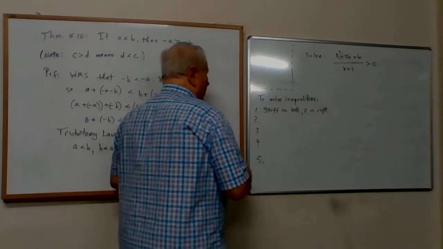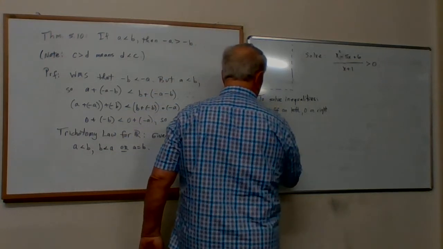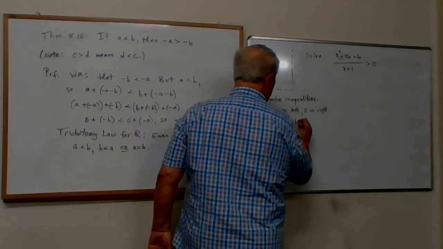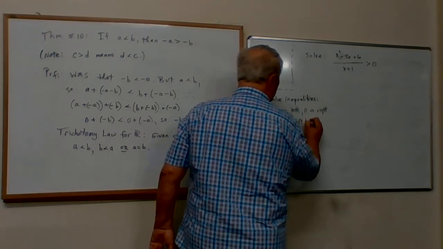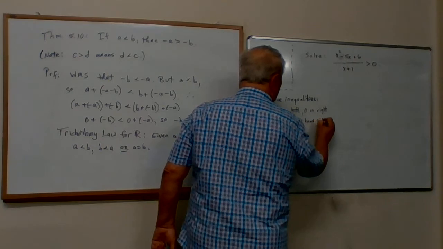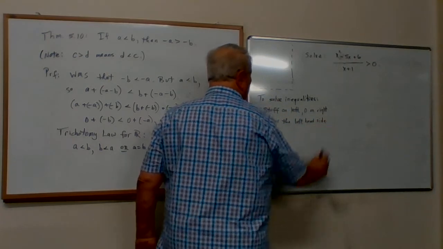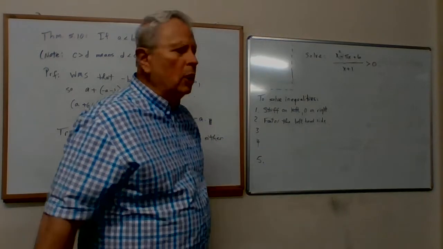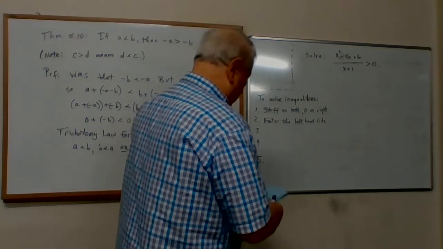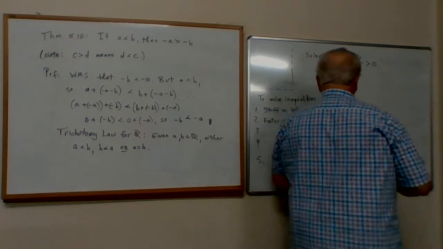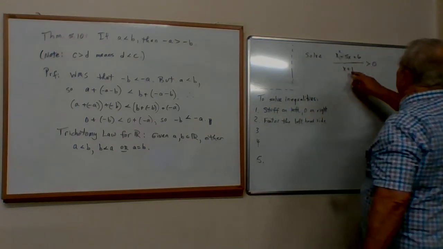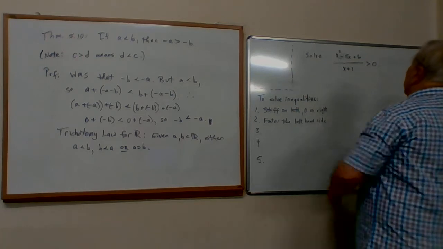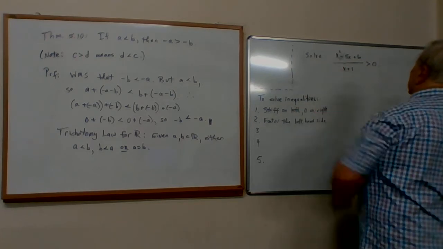Number 2, factor the left-hand side. Okay? Factor everything on the left-hand side all the way to the bones. All right, let's do that. The bottom, of course, I can't factor any further than that, but I can certainly factor the top.